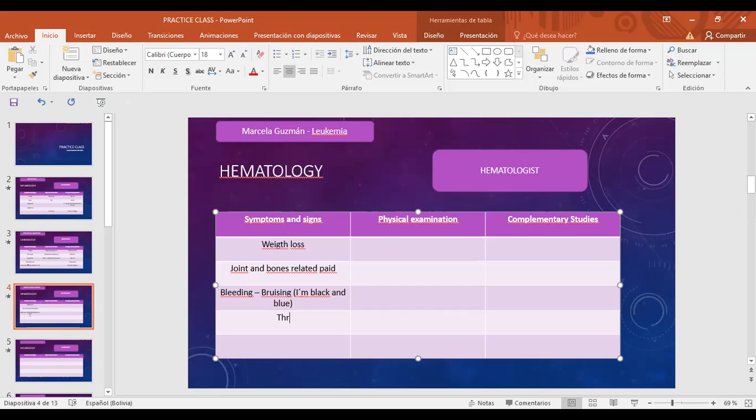Throw out? No. Throw up, right? So throw up means to vomit. It's a phrasal verb. So we're going to write down to vomit and to throw up. It's not that related, but it could happen. Anything else you would like to add here?